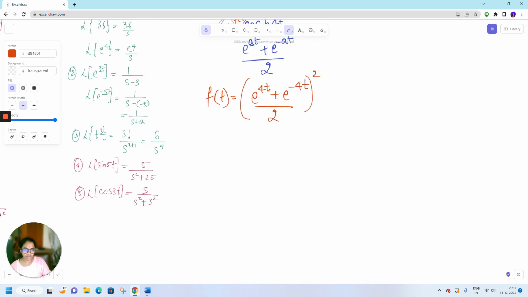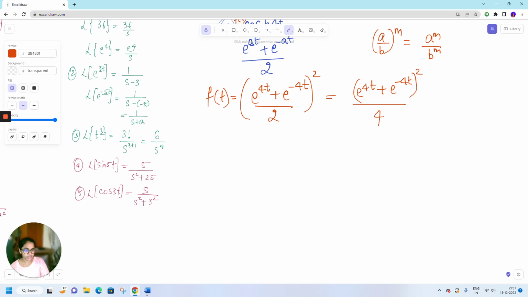Now you should know from your very basic math that if you have a by b whole power m, you can write it as a power m divided by b power m. You should know all these by now. So now I have e power 4t plus e power minus 4t the whole square divided by 2 square, is 4.